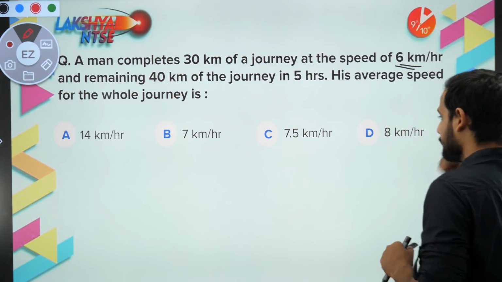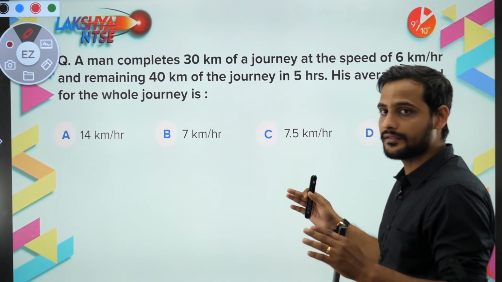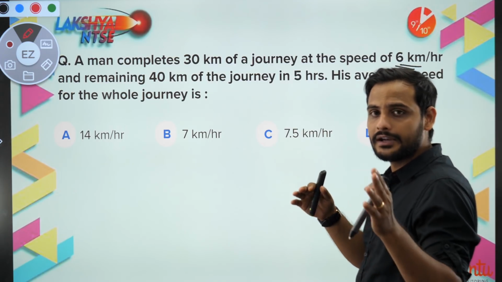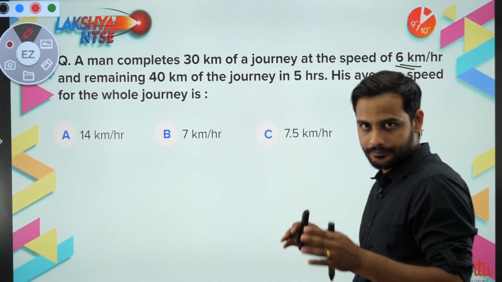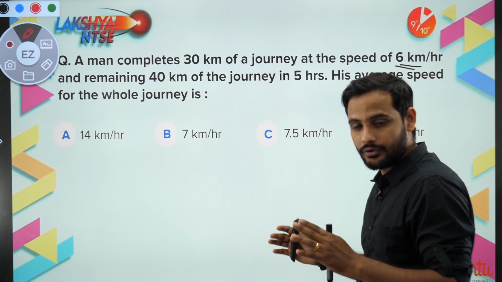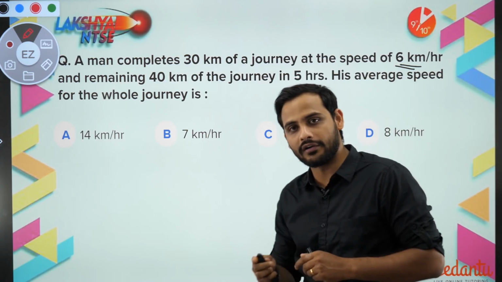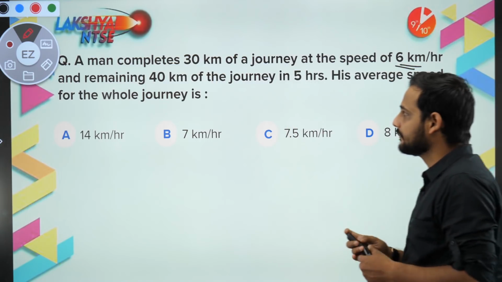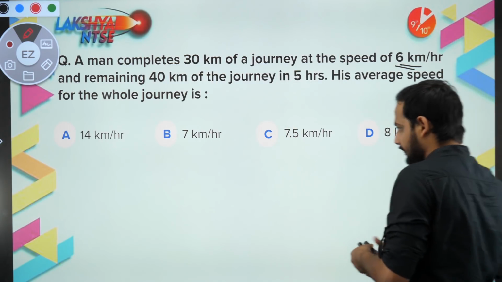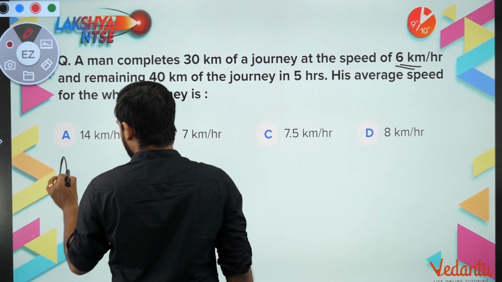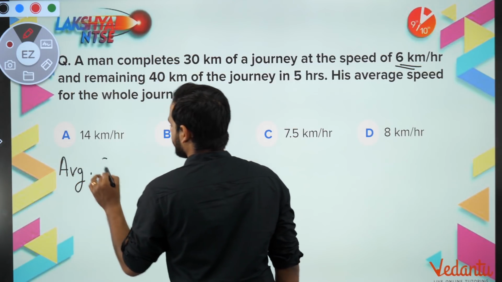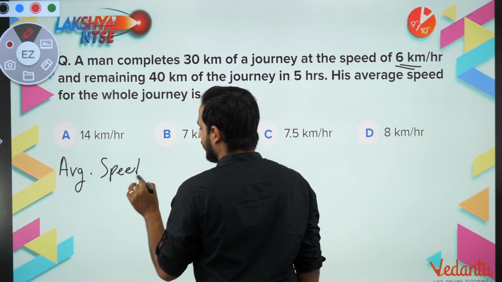The main thing is, average speed is not the average of speed 1 and speed 2 divided by 2. It is not like that. I have told you already that average speed is nothing but total distance. Remember, this is the formula, the mantra.